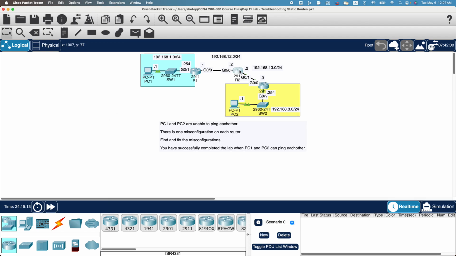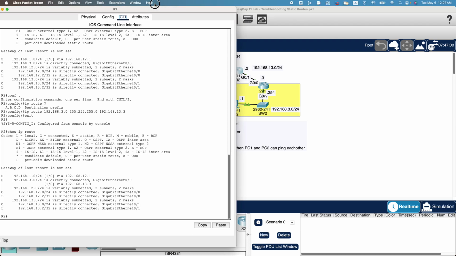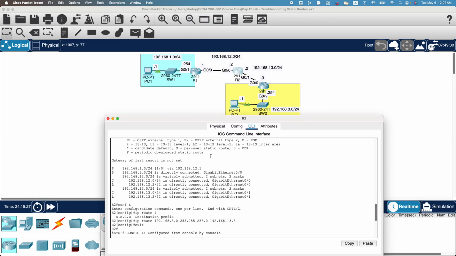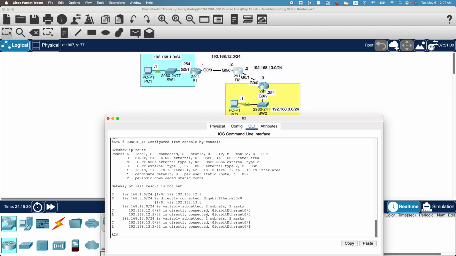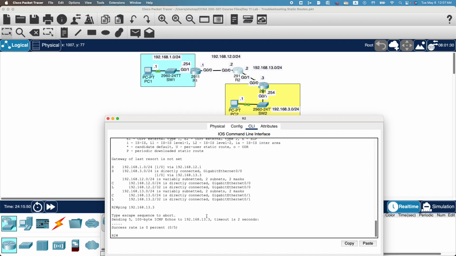All right. Annoying. Can R2 ping 192.168.13.3?